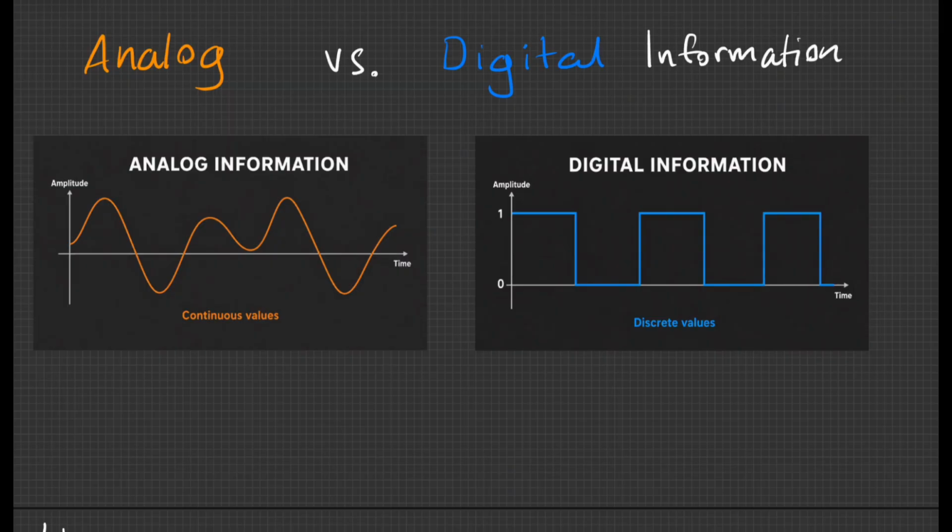However, digital information uses distinct separate values like high, low, high, low, high. This is important, and you're going to see how it matters in the next slide.